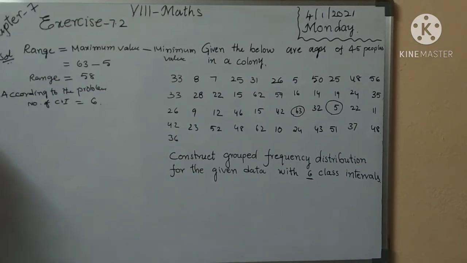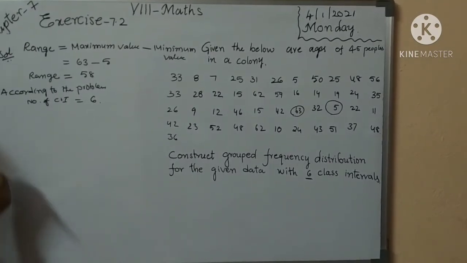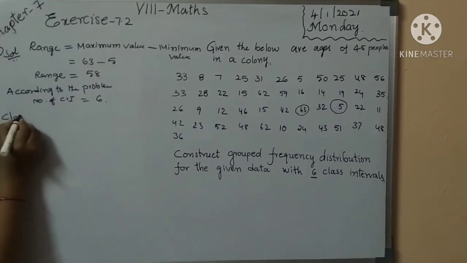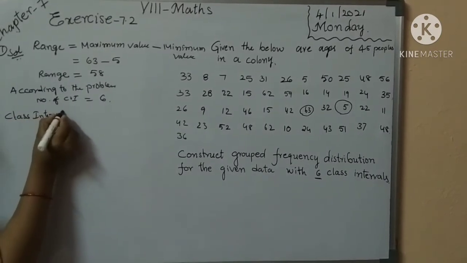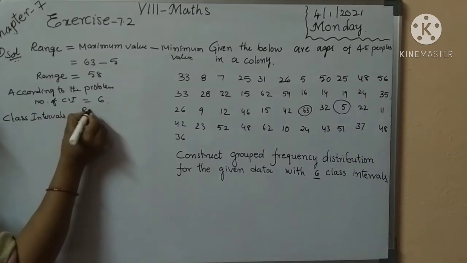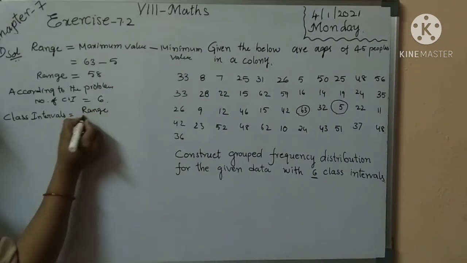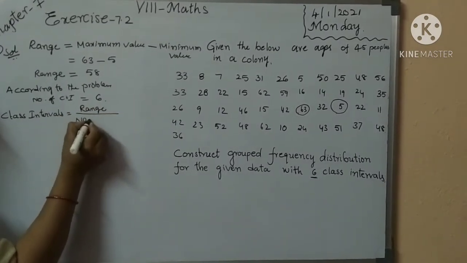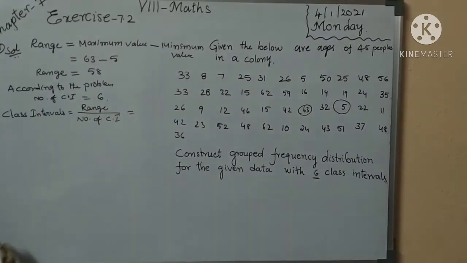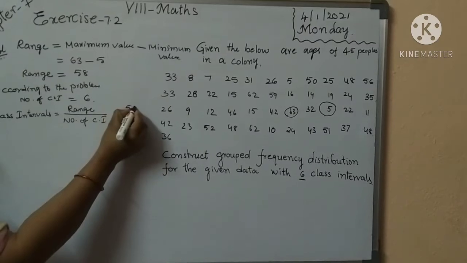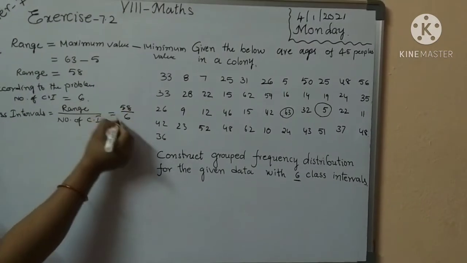Already given that. So here, to find the class interval, what is the formula? Class interval equals range by number of class intervals. What is the range here? 58. The number of class intervals is 6.